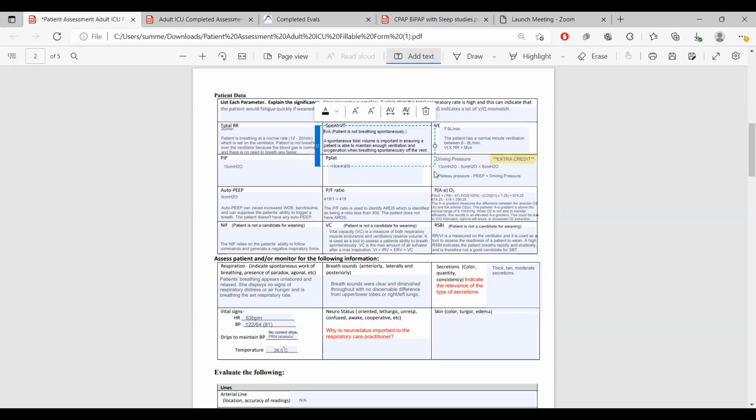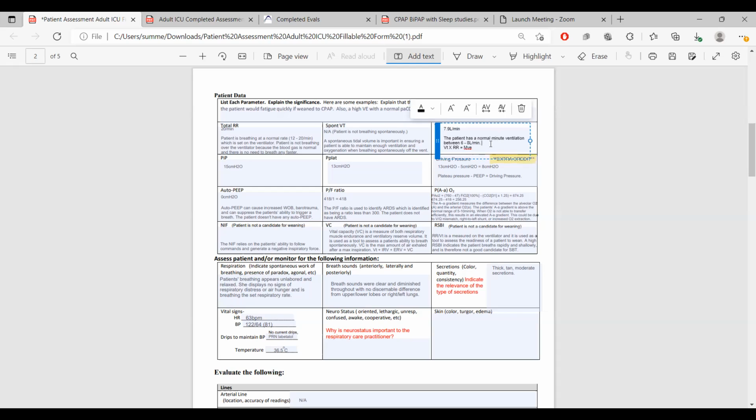So that's why you just gave a general statement about spontaneous breathing. Exactly. Okay, that's good. And then their minute volume was 7.9 liters a minute. And I wrote the patient has a normal minute ventilation between 6 to 8 liters a minute, and I just didn't know what else to write.